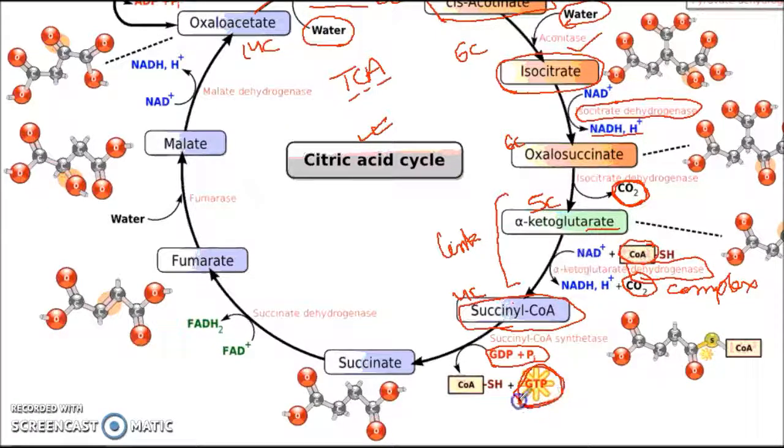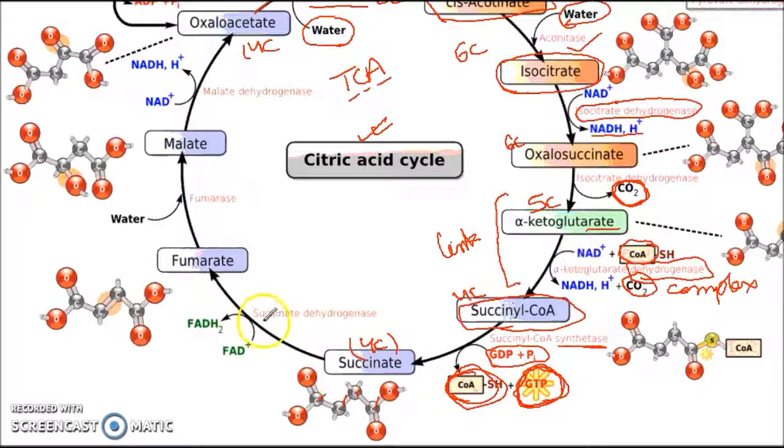Here the first substrate level ATP is produced. In the presence of the enzyme succinyl CoA synthetase, the coenzyme A is removed and it converts to succinic acid, a 4 carbon compound. So 1 carbon, 2 carbon, 3 carbon, 4 carbon.